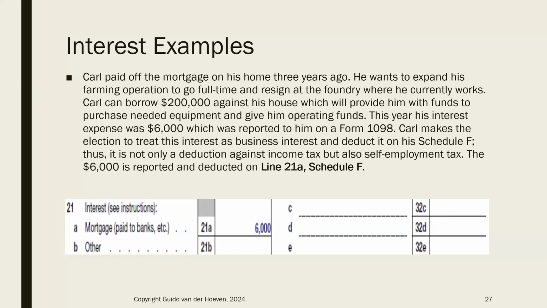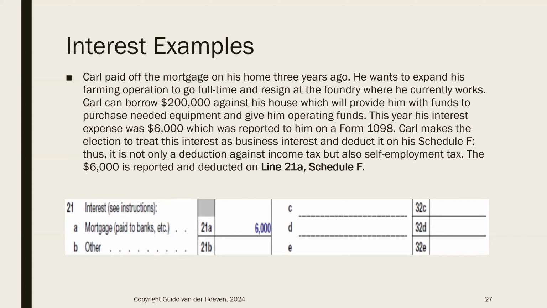He makes the election to treat this interest as business interest and deduct it on Schedule F. Now, the other place, because it's against his house, remember, he could choose to deduct it as an itemized expense.